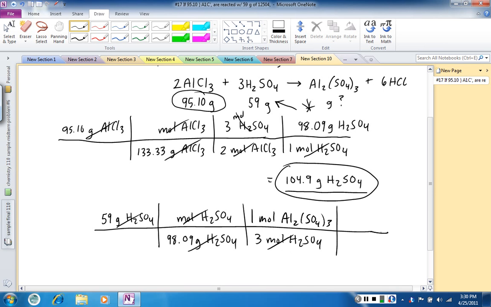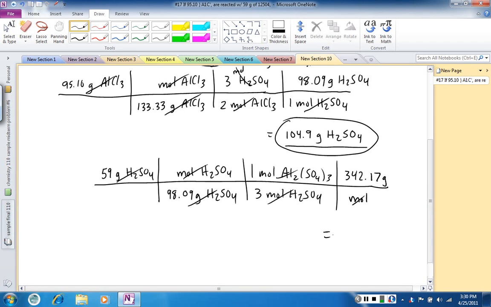And then you got to figure out with your table that the Al2(SO4)3 weighs 342.17 grams per mole. And that guy ends up equaling 69 grams. So that's how we do it with the reactant method.